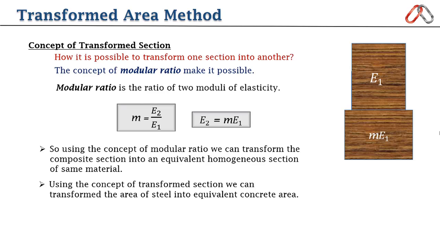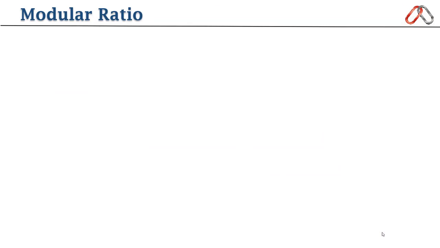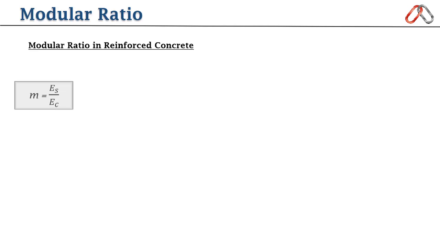But in case of RCC beam, we cannot use the formula of modular ratio directly. IS code suggests a different concept of modular ratio for RCC beam. We know that modular ratio in reinforced concrete is defined as the ratio of the elastic modulus of steel to that of concrete.